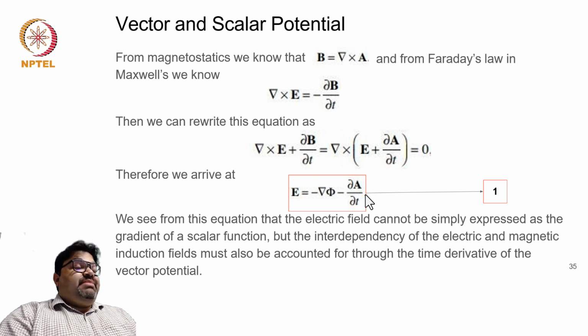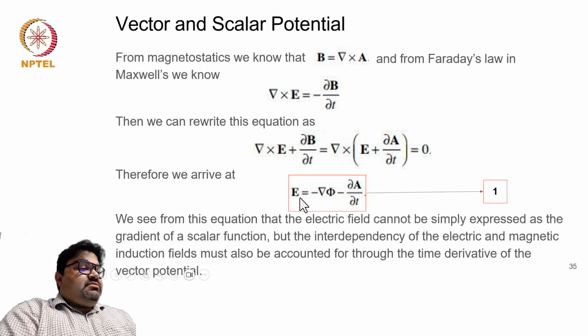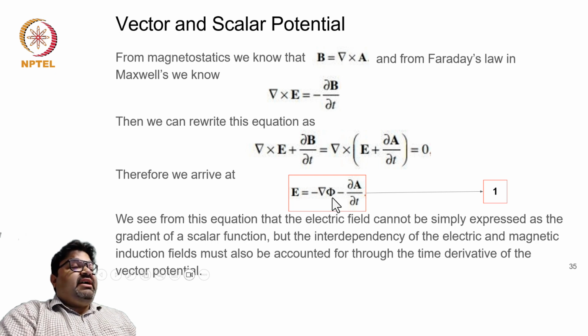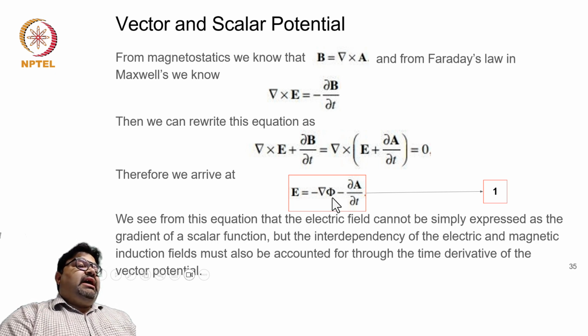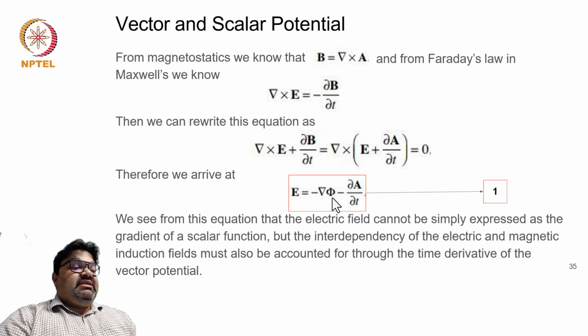So if you replace B in the Faraday's law, in the Maxwell's equations, you get del cross E plus del B del T, as del cross E plus del A del T equal to 0. Hence, you arrive at the relationship of E is equal to minus gradient of phi, where phi is the scalar potential, and minus del A del T, where A is the vector potential.